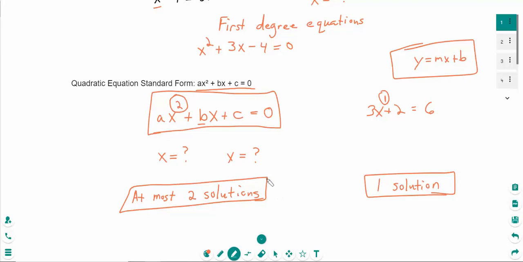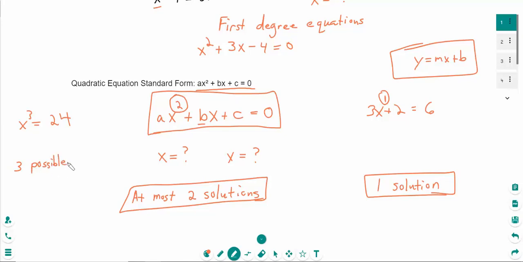All right. And actually, this would apply for other equations as well. So if I have x to the third is equal to some number, 24, and I tried to solve this, I could argue that there could be as many as 3 possible solutions.